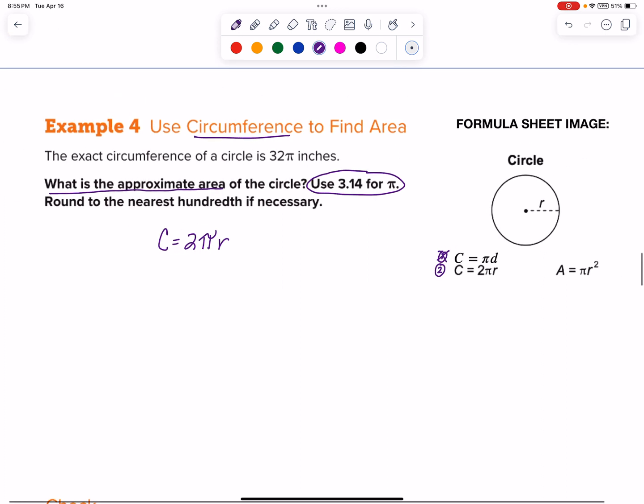Now they're saying the circumference of the circle is 32 pi inches. So let's plug in the information that we know. So the circumference is 32 pi, and then we set it equal to 2 pi r, and we have to solve for r.